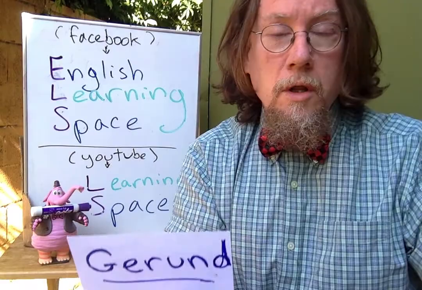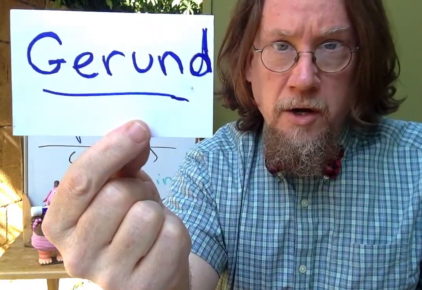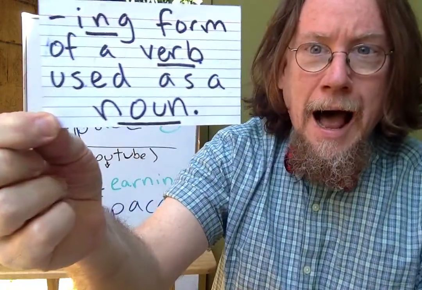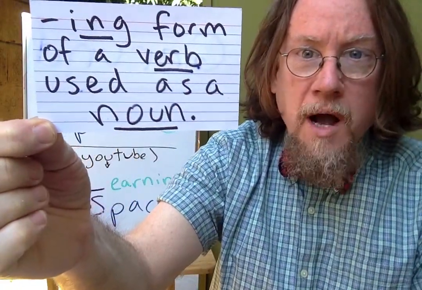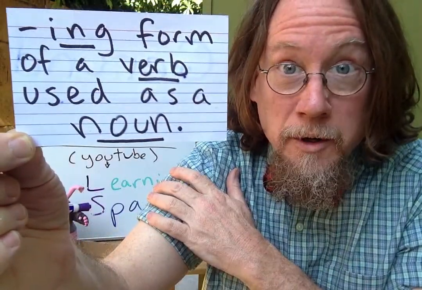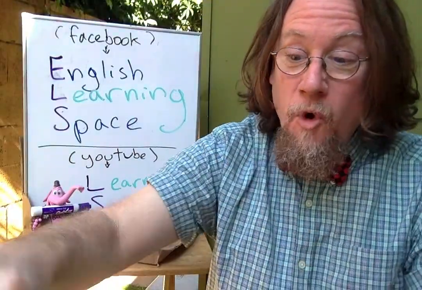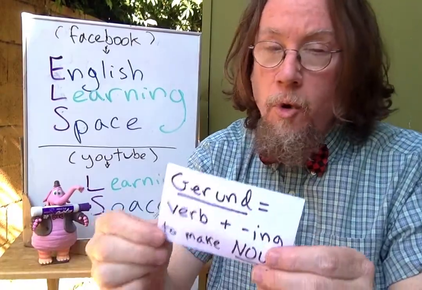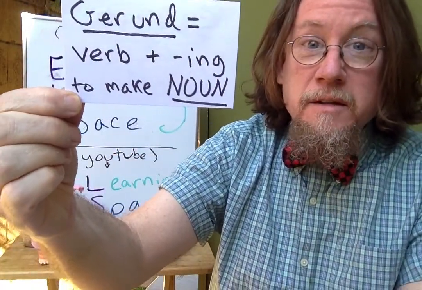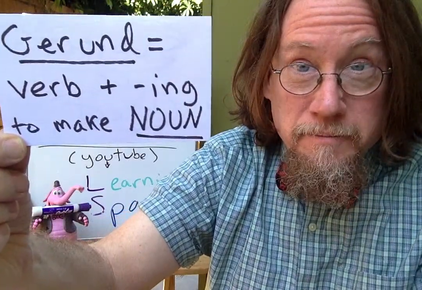Okay, so let's just start with a gerund first. The gerund is the ing form of a verb, but you use it as a noun. A little more simply, it's basically verb plus ing to make a noun.